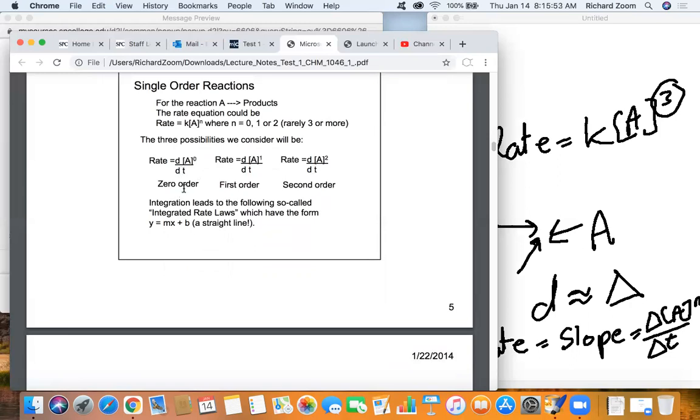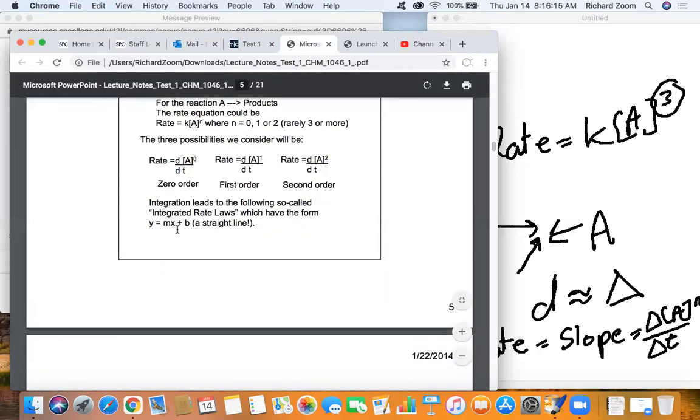And in calculus, we can deal with a concept known as integration. What integration does is it takes a derivative and turns it into an equation that doesn't require a derivative. And when we integrate this, and again, I'm not going to go into the math behind this, it's not really important to us, what happens is that by integrating each of these equations, we end up with an equation that has the form of a straight line, y equals mx plus b.